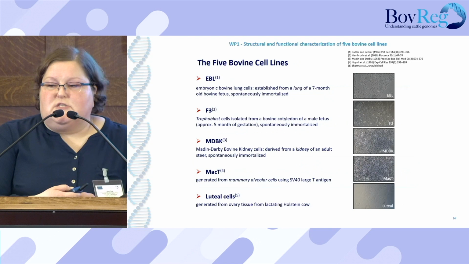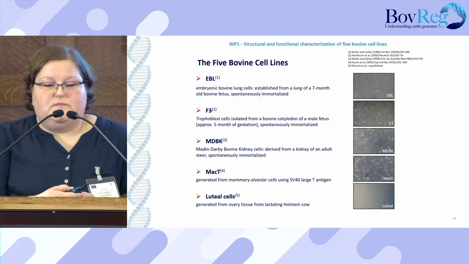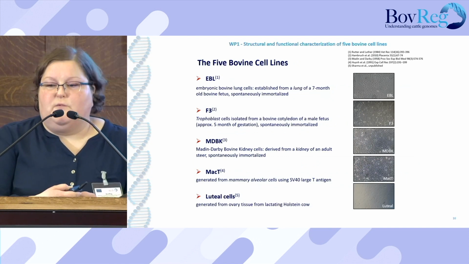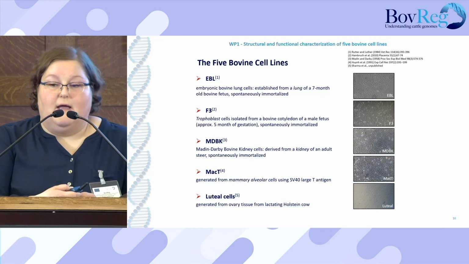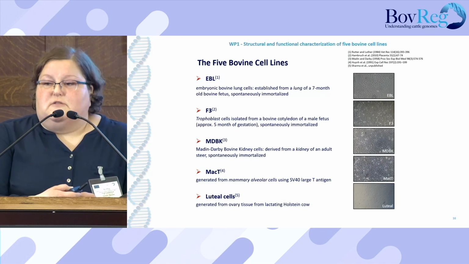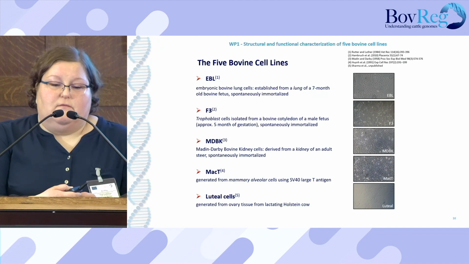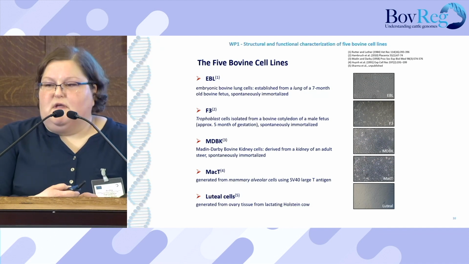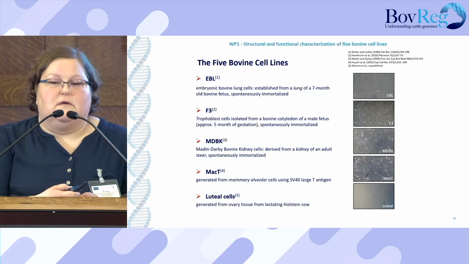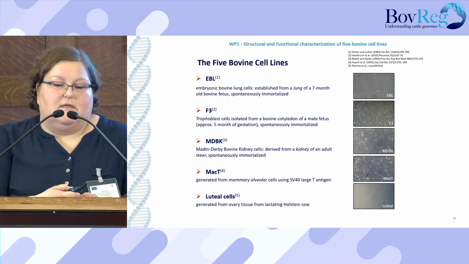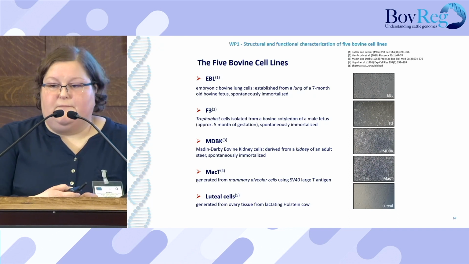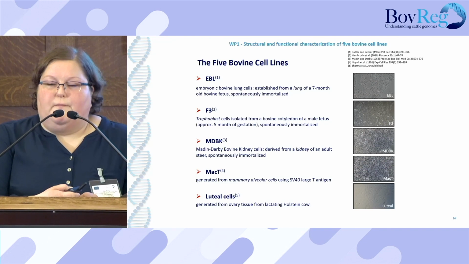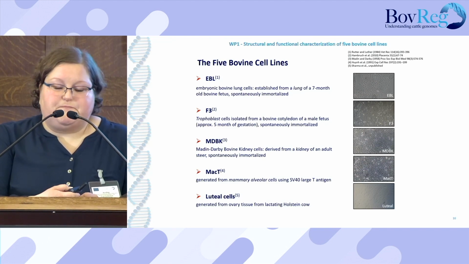So we had access to 5 bovine cell lines. We had the EBL cell line that was derived from a bovine embryonic lung. We had trophoblast cells named F3 that were derived from cotyledon, and we had the MDBK cell line that was established from a kidney of an adult animal.